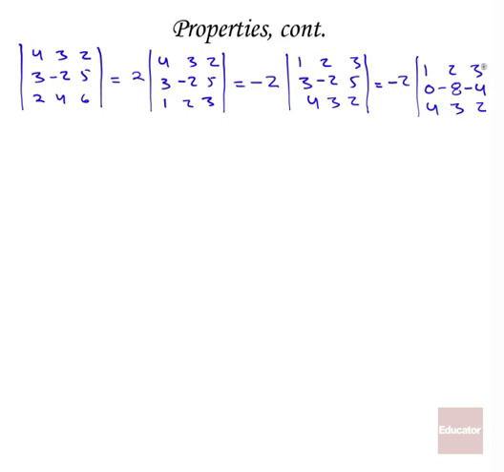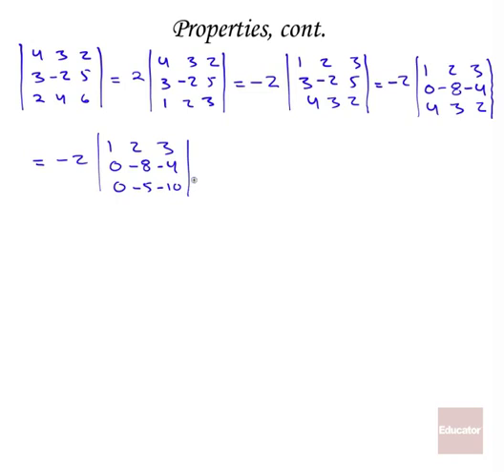Now I'm going to do the same thing with this row right here. I'm going to multiply this first row by -4, add it to the third row. So I end up with -2 times 1, 2, 3, 0, -8, -4, 0, -5, -10.